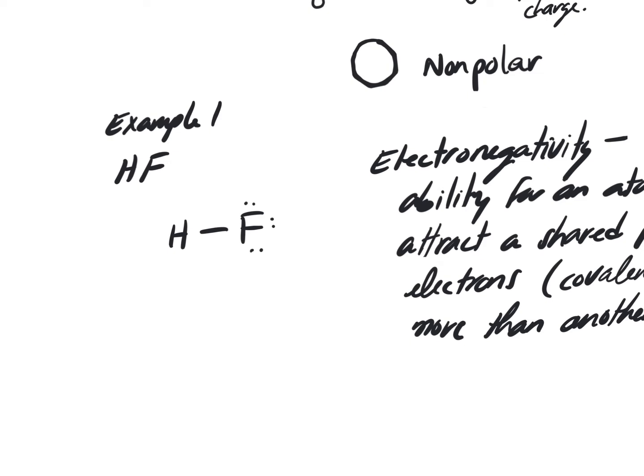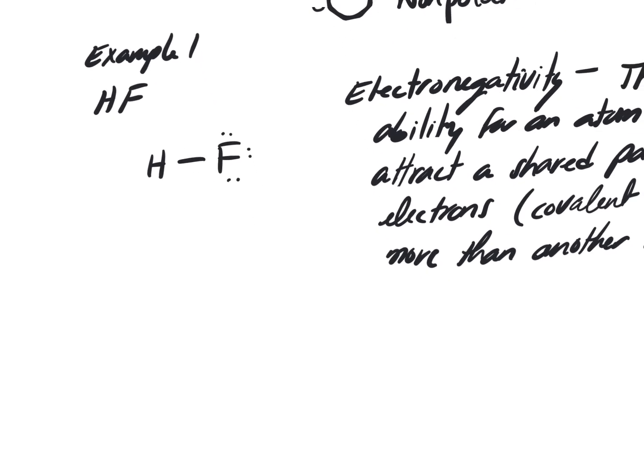So if I was to redraw this hydrogen fluoride molecule, let's just draw that pair of electrons there as the covalent bond, and I'll maybe circle that covalent bond in red. So there's a covalent bond. Now, since fluorine has stronger electronegativity, it's going to pull on those electrons more than hydrogen can.